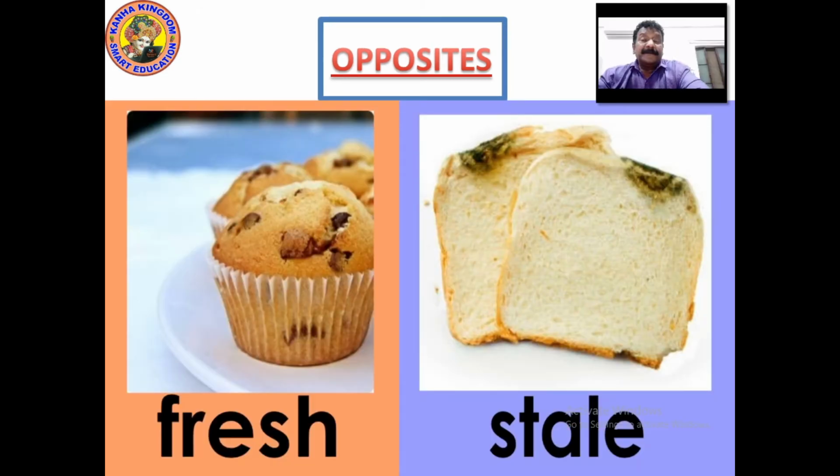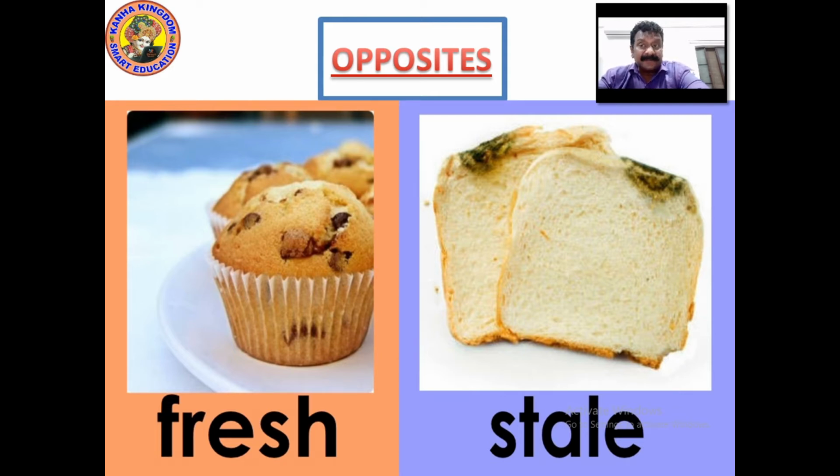Opposite of fresh. This is a freshly made thing. And this is what? These bread slices have been brought and kept for more days. It became what? Stale. All the things which are freshly made are called fresh.